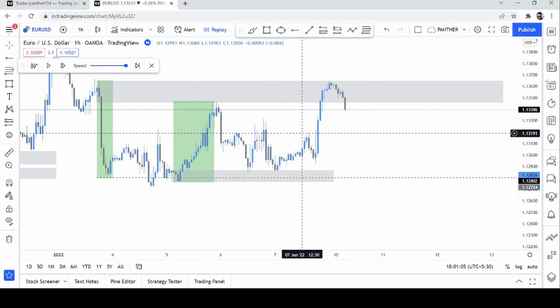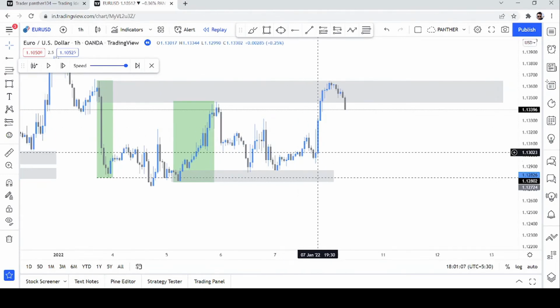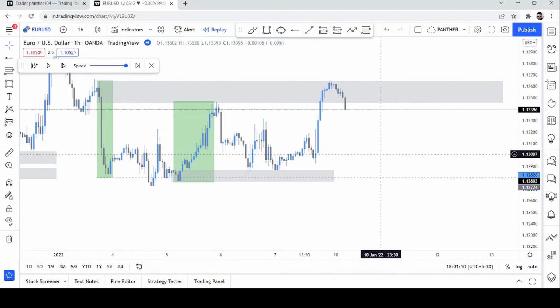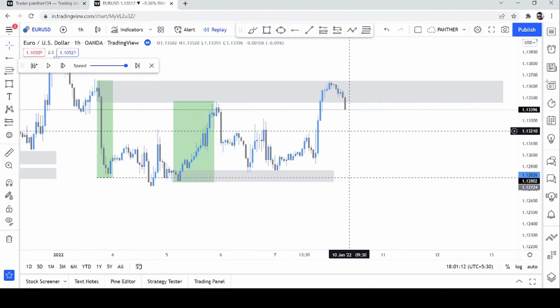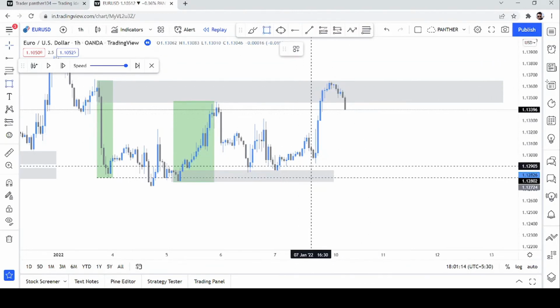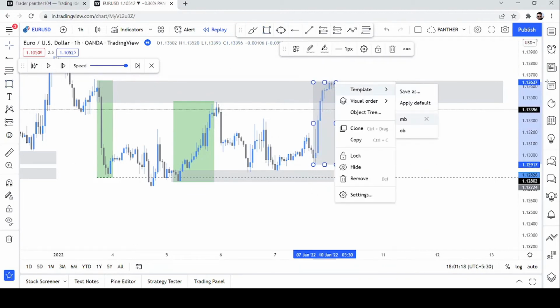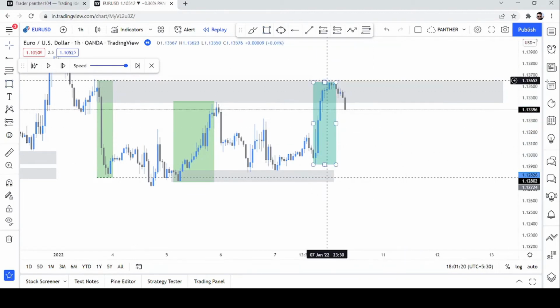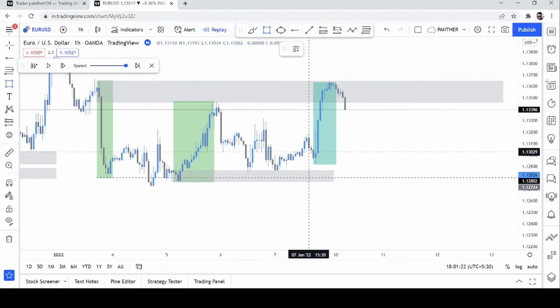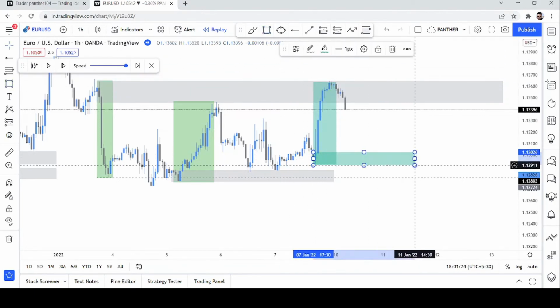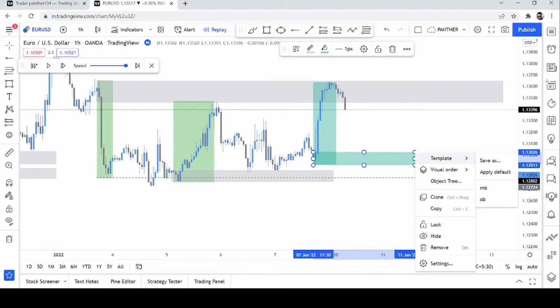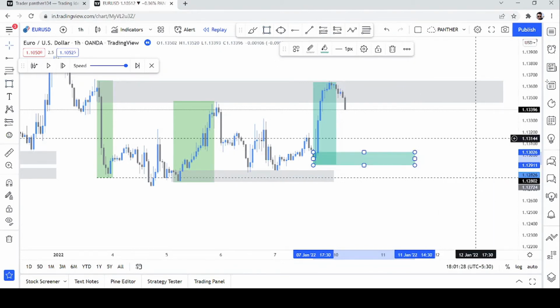So here we have another break of structure with this, and we have a zone here. Expectation, when price. Let me just draw it out for you guys. This is MB. This is the zone that we can expect price to come to.